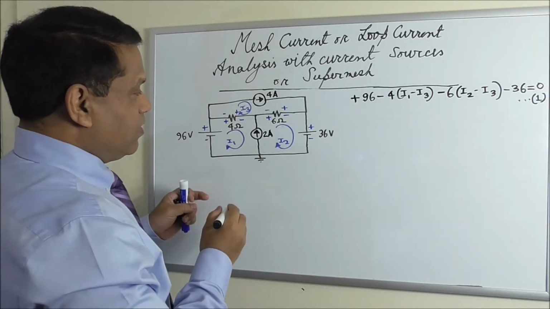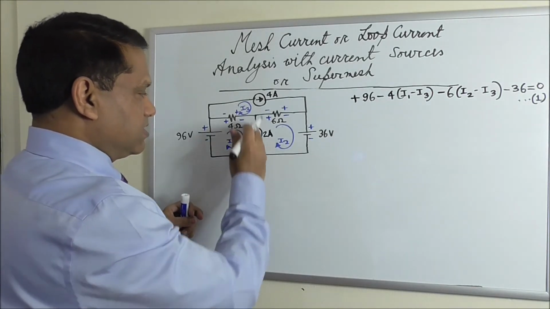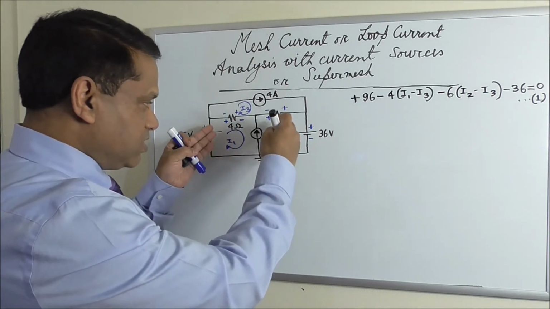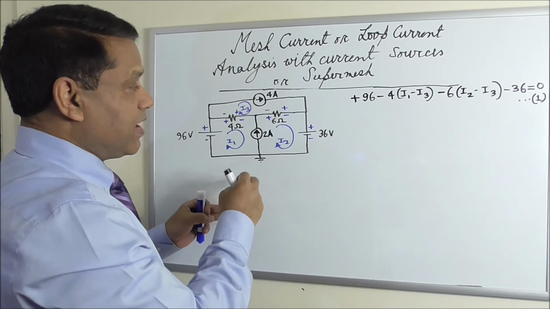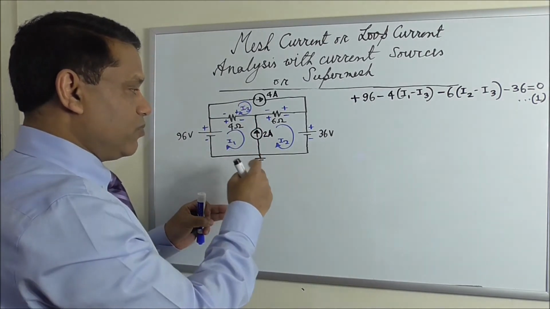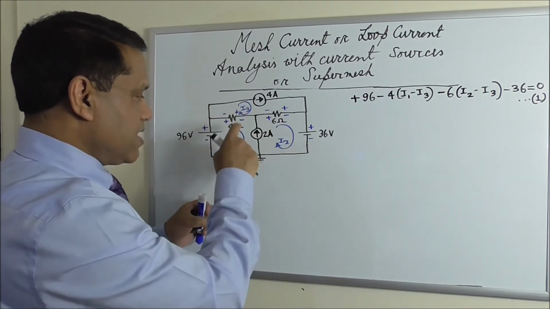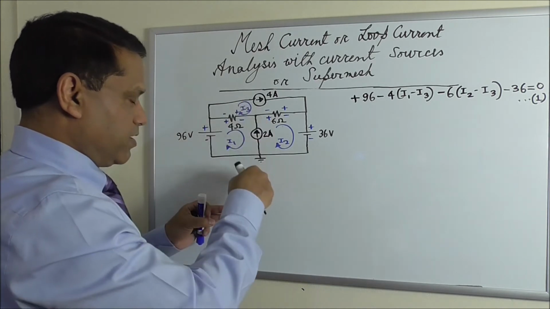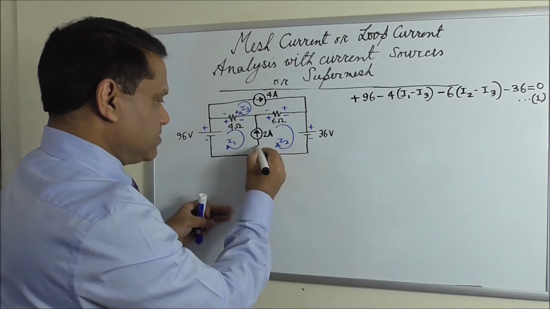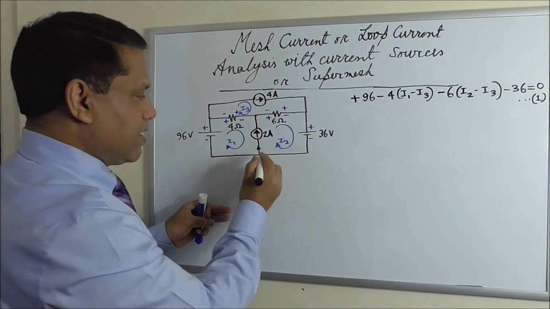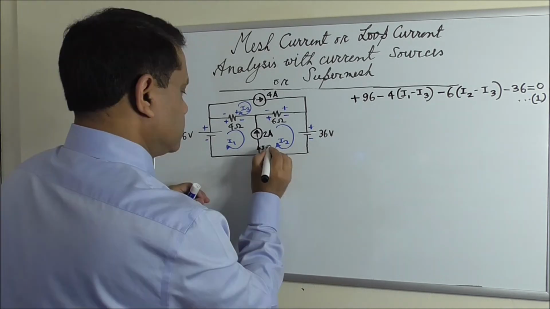So what is the branch current in this branch? This is the shared branch between these two loops, and current upward in this direction will be, this current is upward and this current I1 is downward. So this upward current is I2 minus I1.